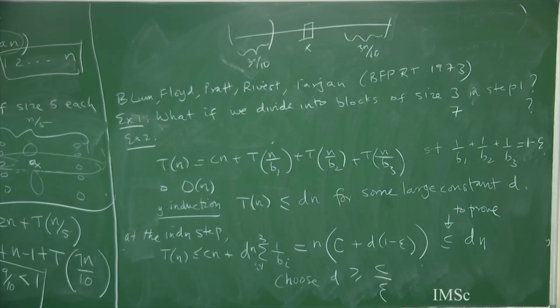There has been a lot of subsequent work on this, trying to improve the constant, because this solves to something like 15n comparisons. It's linear time, but the constant is 15, though it has been brought down.